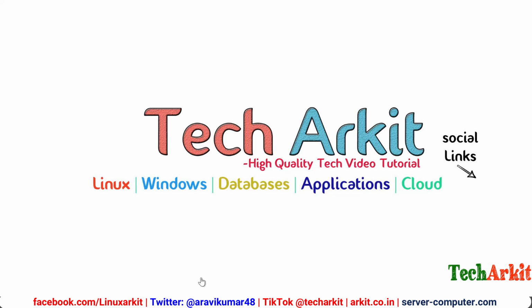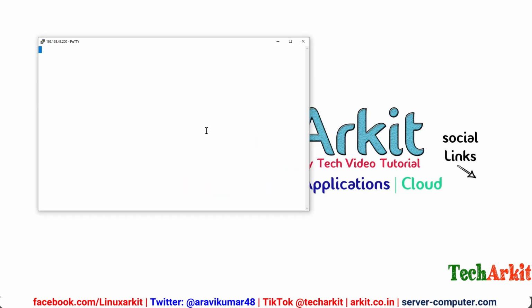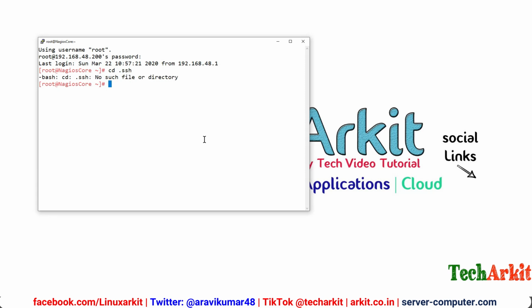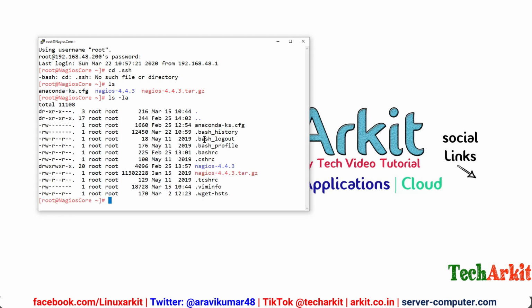After that, open PuTTY and connect to the server, and go to the .ssh directory, which is hidden. Sometimes there is no .ssh directory here.